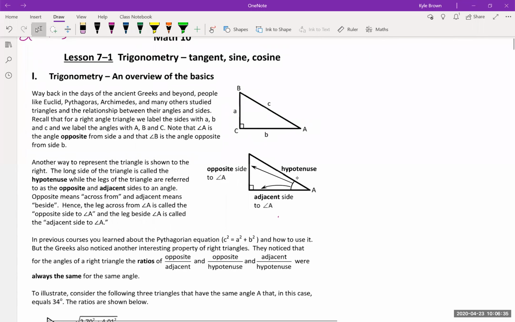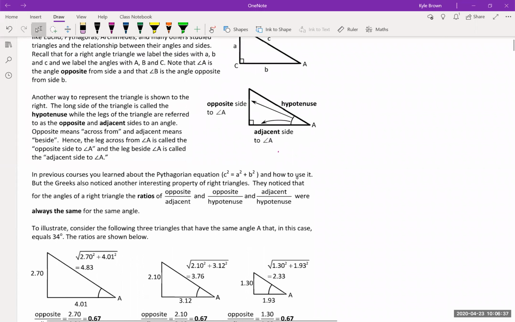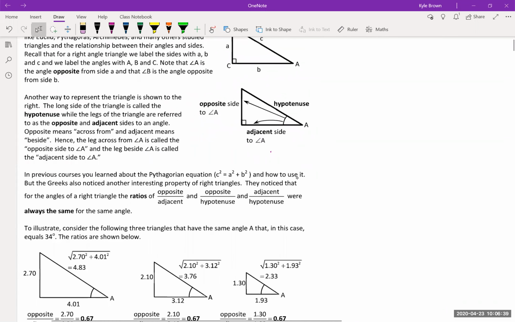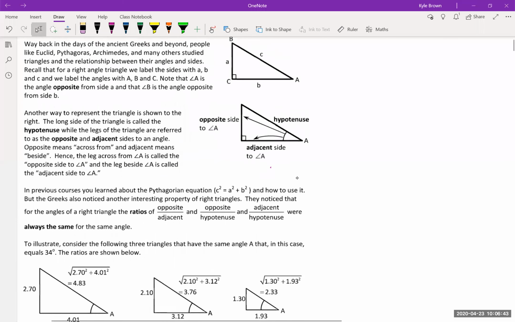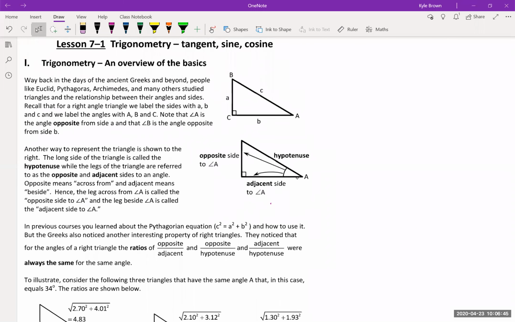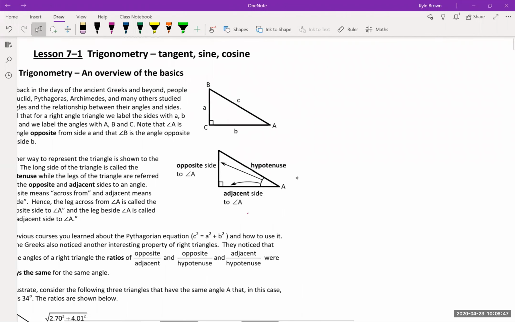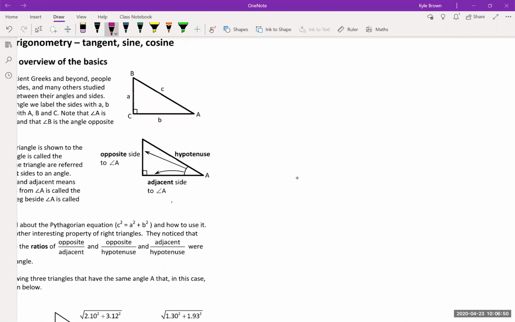Okay. And now the new part that you guys probably haven't seen at all is we can label these things a little differently too. Up until now, we said, okay, if we knew the length of this side and we knew the length of this side, we can use those two things to figure out what that side length was, right?